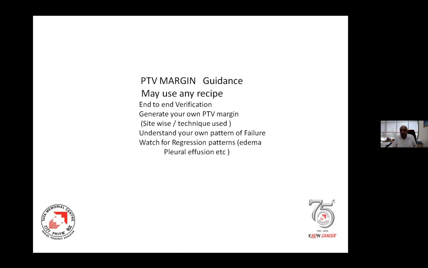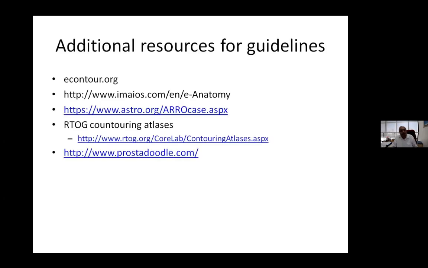Or in lung, if there is a pleural effusion which has happened and pushed the target area. So critically, you have to see everything to decide upon your PTV margin. There are many additional resources and guidelines available on how to draw, and please make sure that you use them for your better understanding.